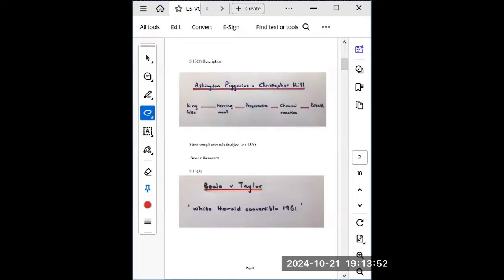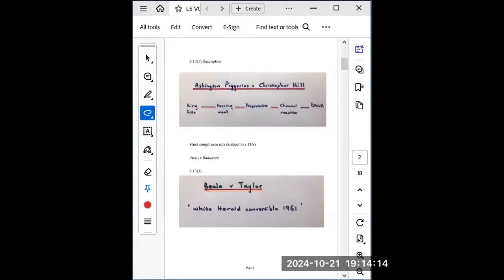Now, if the buyer himself selects the goods, can it be a sale by description? The answer is, oh yes. Why? Because Section 13, subsection 3 specifically says so. In Beale against Taylor, a car was advertised as a 1961 white Herald convertible.